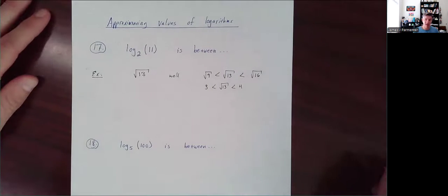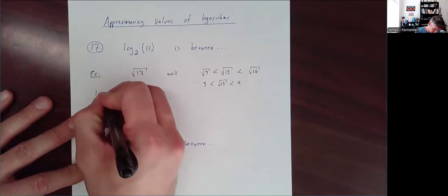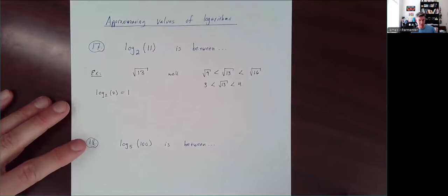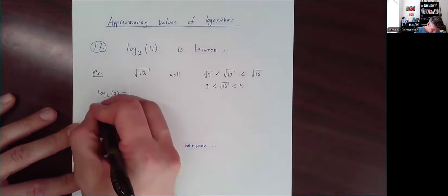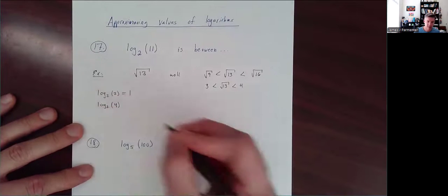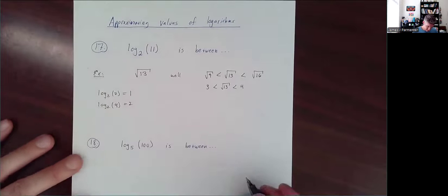So let's just start writing log base 2 of nice numbers. Like log base 2 of 2 is equal to 1, because 2 to the first power equals 2. And log base 2 of 2 squared is equal to 2, because 2 to the second equals 4.